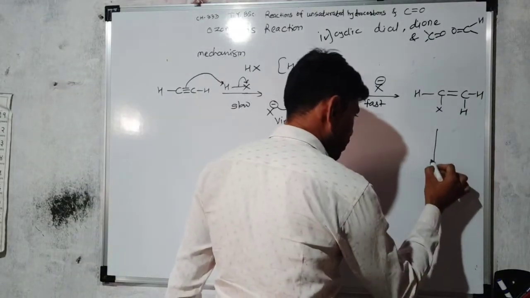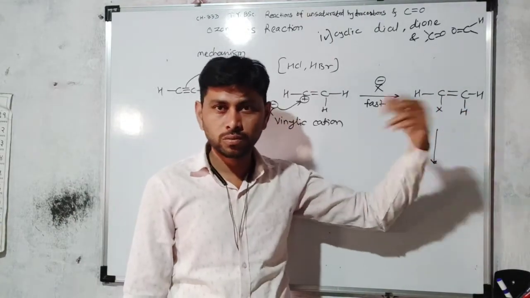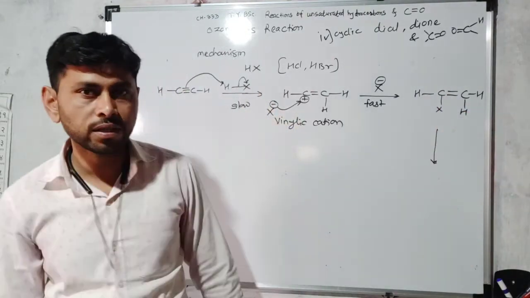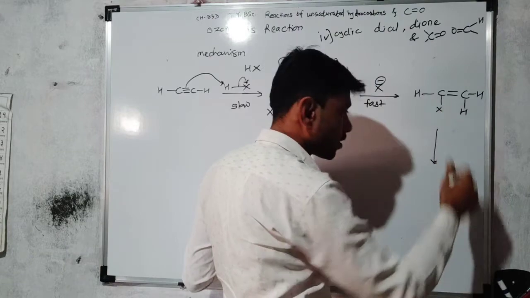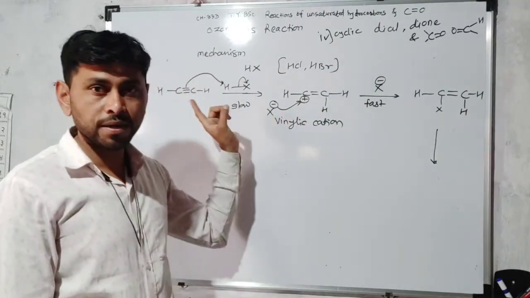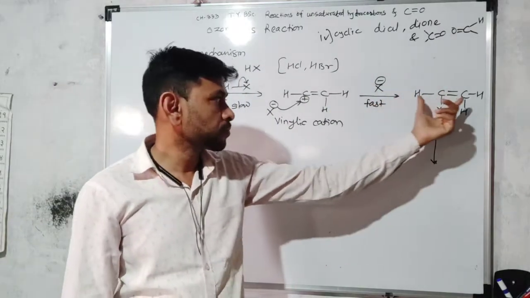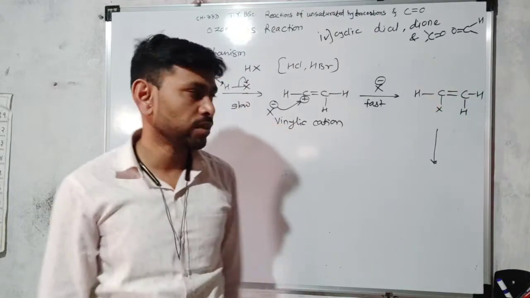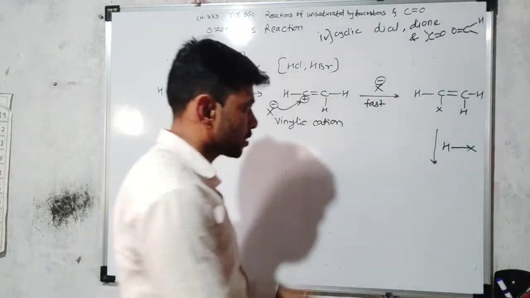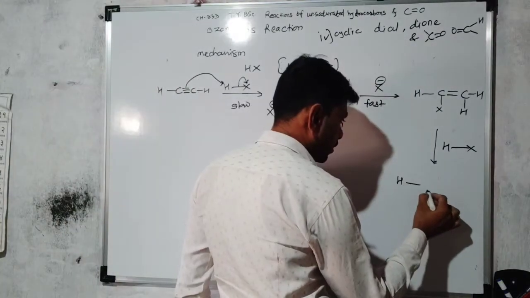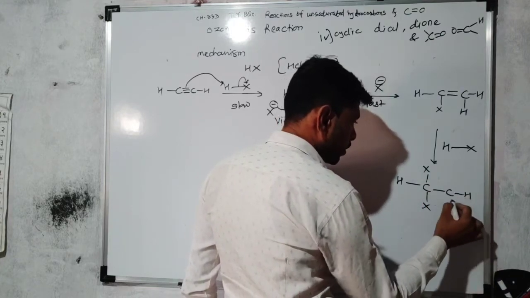where addition of H and X is there across the carbon-carbon bond. Now this reaction doesn't stop here. Why? Because the product also contains unsaturation, so there is a tendency for this molecule to react again with another mole of reagent. That's why I said 2 moles are required in the case of a carbon-carbon triple bond. After the first mole of addition, the compound is left with unsaturation again, and due to this, it reacts the same way, and we get the addition of another HX and a totally saturated compound.